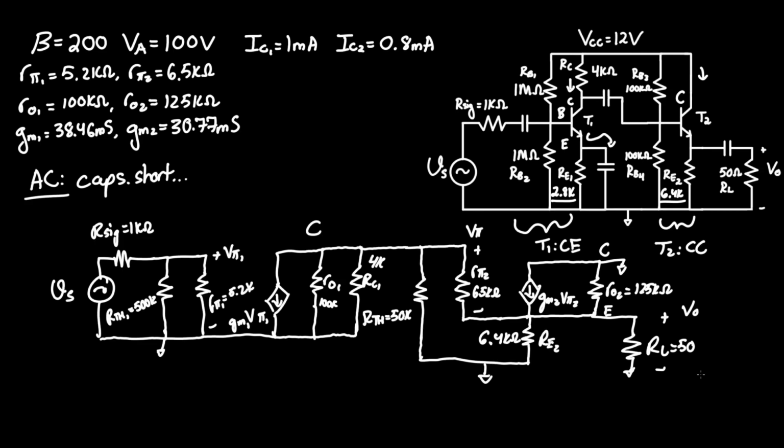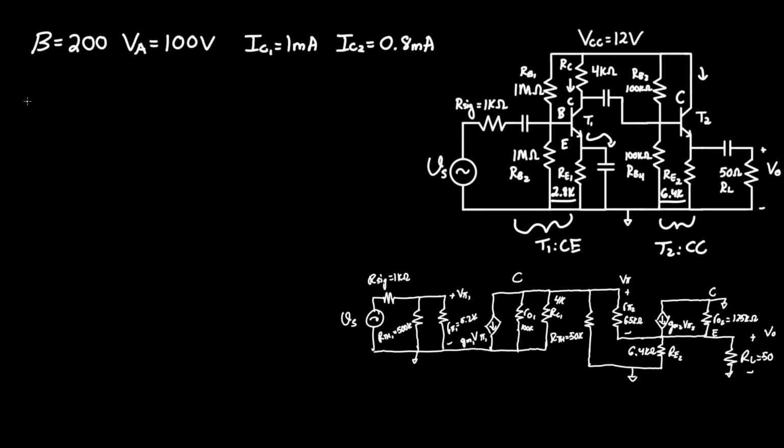I'm now going to make some room so that we can find R-in, R-out, and AV of each stage. So for the common emitter amplifier, for T1, we know that R-in 1 equals our Thevenin 1 in parallel with our pi 1, or 500K in parallel with 5K, which ends up equaling 5.15 kilo ohms.